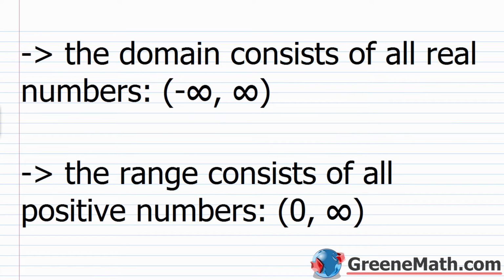So now the domain, which is the set of allowable x values, consists of all real numbers. So again, because we restricted a, we could say that we can choose any value in the real number system from negative infinity to positive infinity as our input for x. Then the range, or the output, the values that we can use for y or for f of x, consist of all positive numbers.